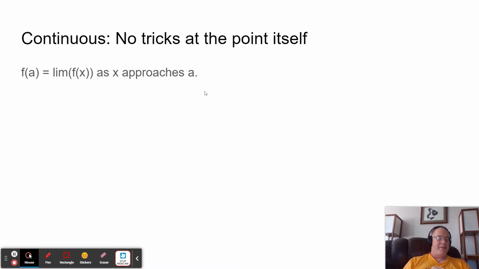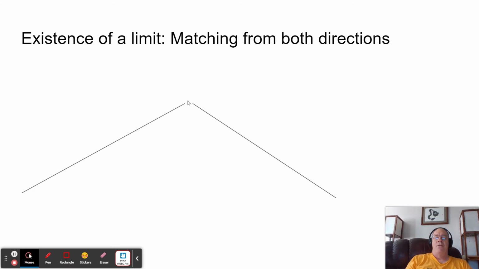If you don't play any tricks at the point itself, in other words, officially we say f of a equals the limit of f of x as x approaches a, which sounds like, well, of course, that's always going to be the case. Well, not always. You can have these two lines back here. You could actually put in a point that was not where these two lines approach. And if it's just that one single infinitesimally wide point, you would make it so that the function is defined everywhere.